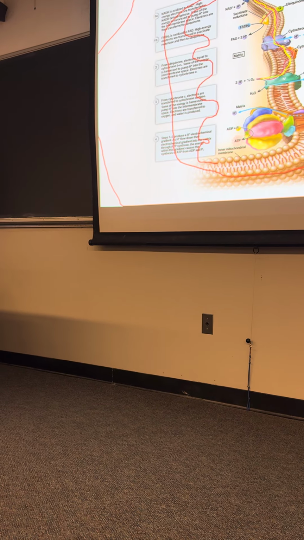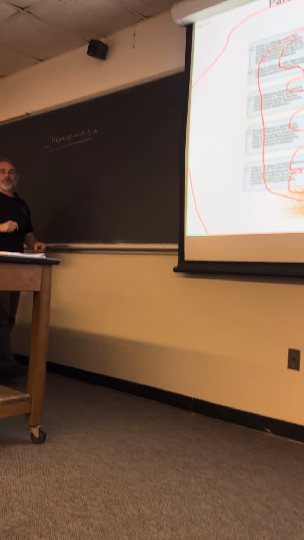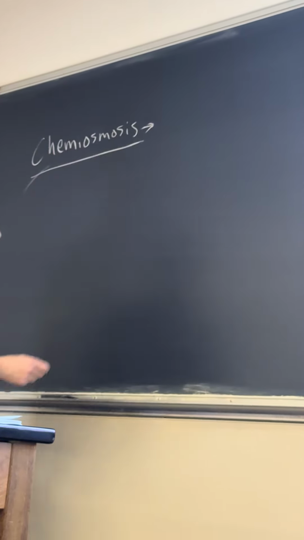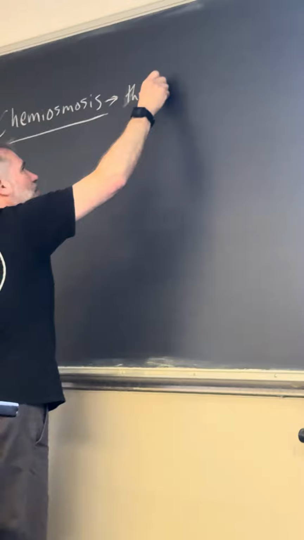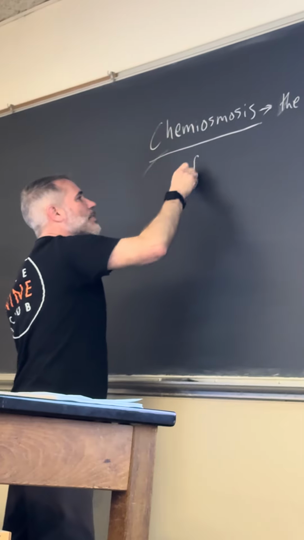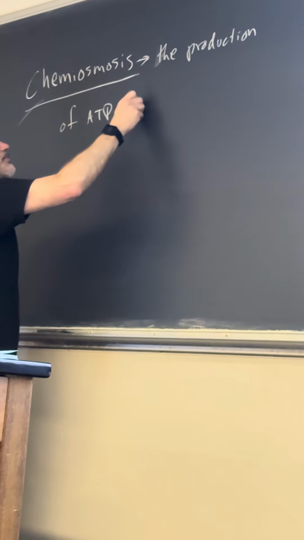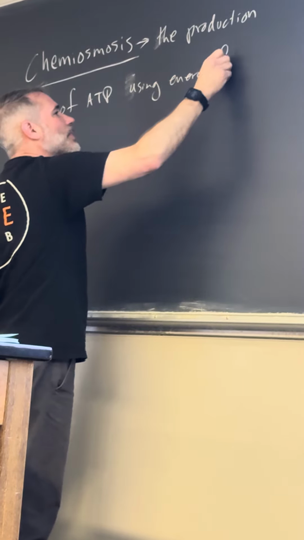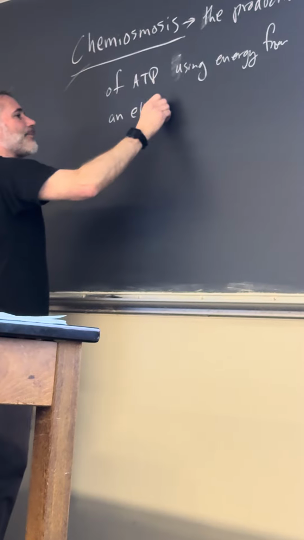Let me define another word. One of the important terms that's emphasized in your book and emphasized in this process is the term chemiosmosis. Okay, chemiosmosis means the production of ATP using energy from an electrochemical gradient.